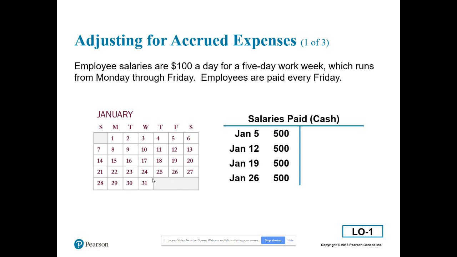So what we need to do is we need to say, okay, we have to accrue some expenses. We have to say that these were actually owed to the employees. So if something's owed to somebody, the other side would be a payable. I owe that money. I have a payable. So I have an expense that I'm incurring, which is the salaries expense, and I have an accrual or an amount owing, a payable, a liability, whatever you want to call it, on the other side.